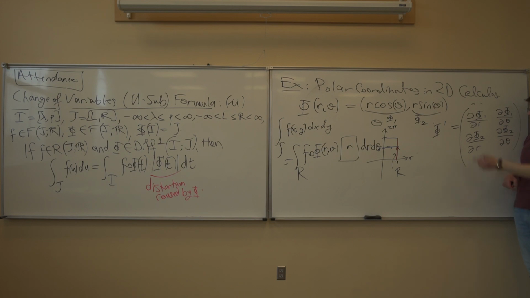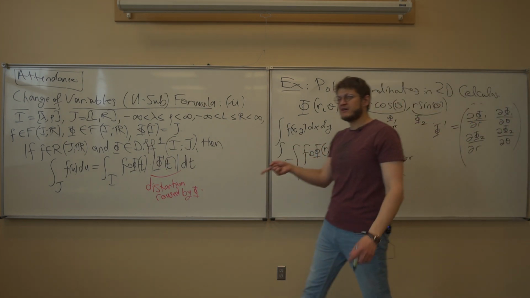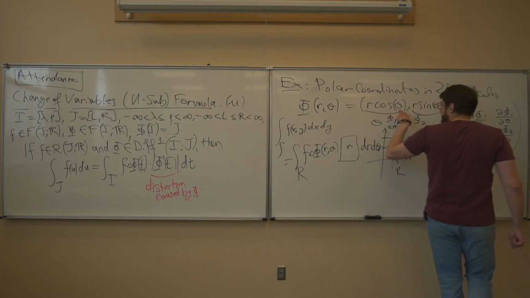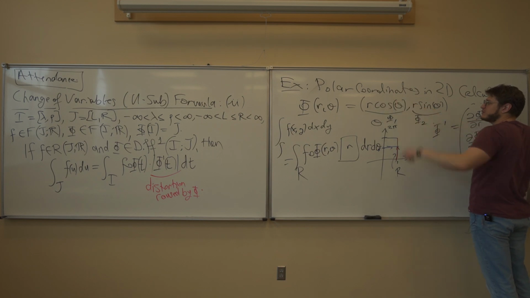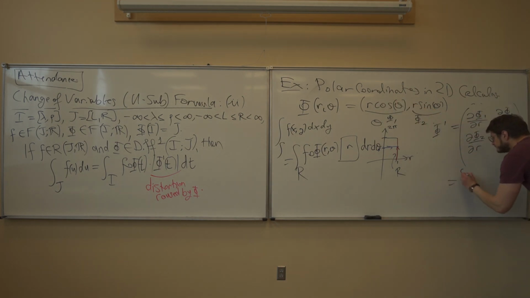Okay. And so for instance, this guy, because phi1 is r times cosine theta, its partial relative to r. Remember, you just take the other variable to be constant. So if I pretend that theta is a constant, the derivative of this relative to r is just cosine.